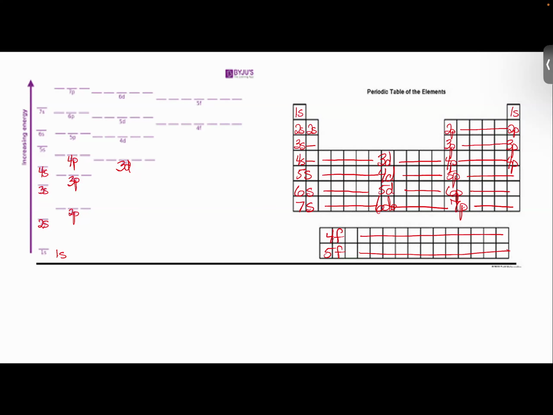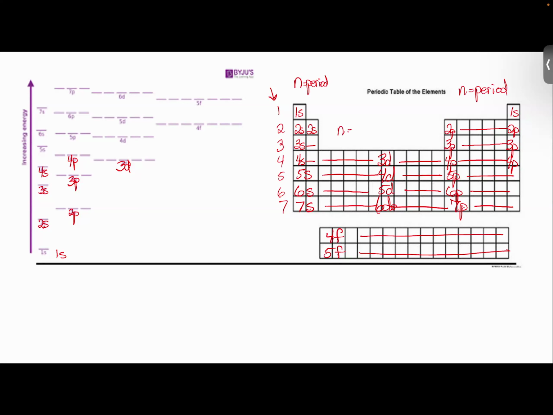So again, the easiest way to remember this is to start with the period number. For your S's, N is equal to the period number, and for your P's, N is equal to the period number.